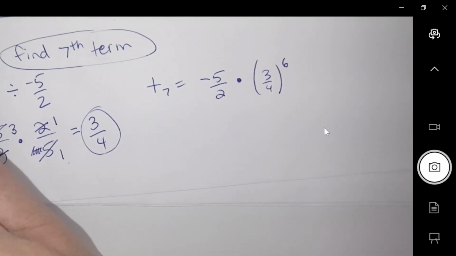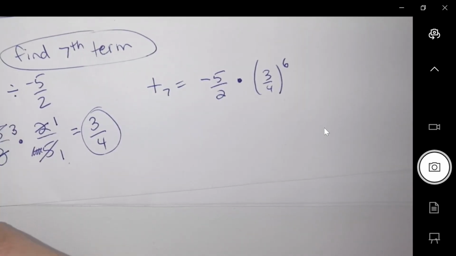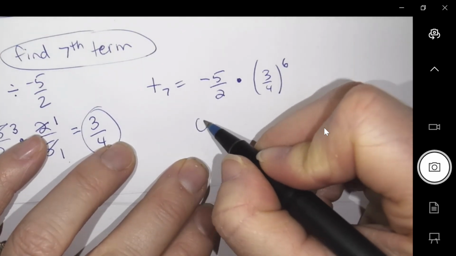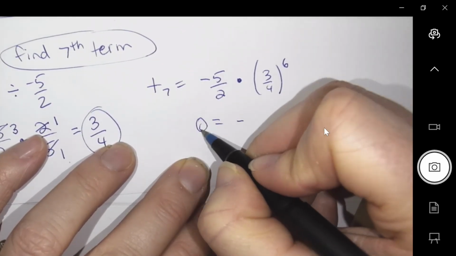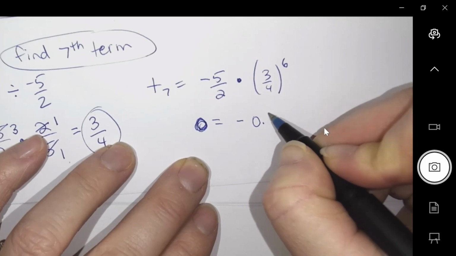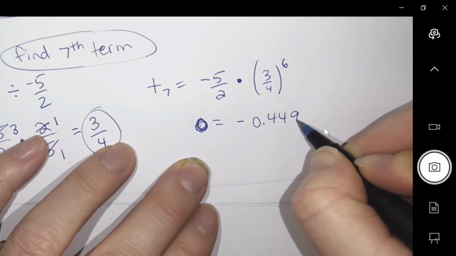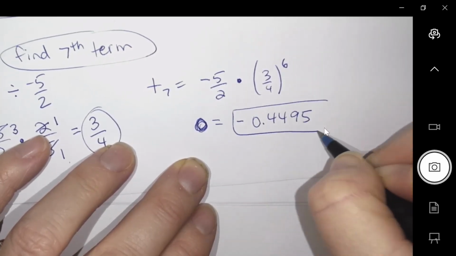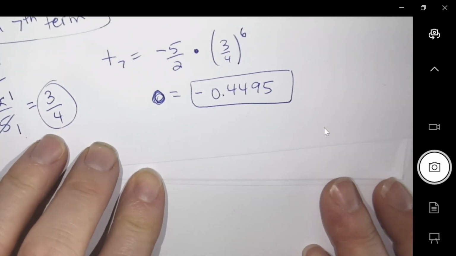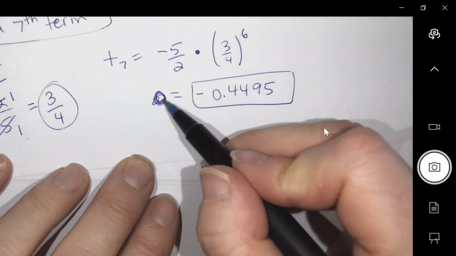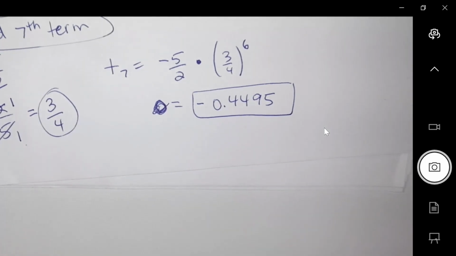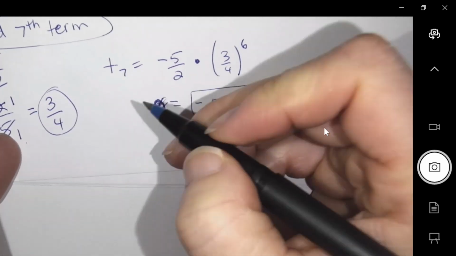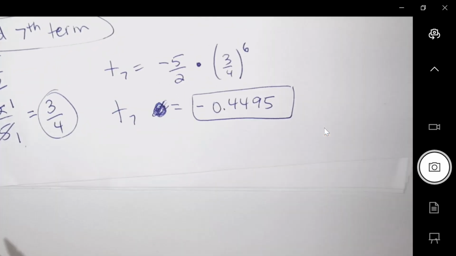Brackets are your friend. Whoa, that's a big decimal. 0.4449. Did you get something like that? Yep. I got 0.44. So it should be T7 equals, instead of 0 equals. This was just something I scratched off because I accidentally wrote something wrong.